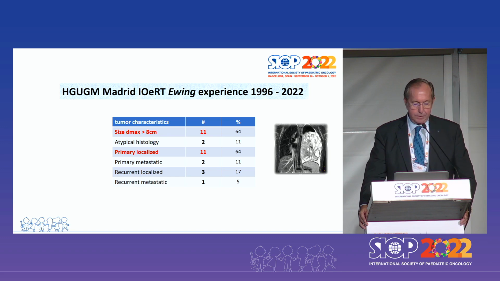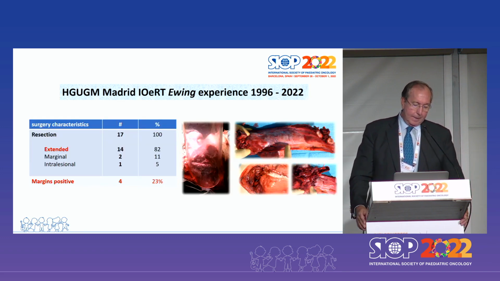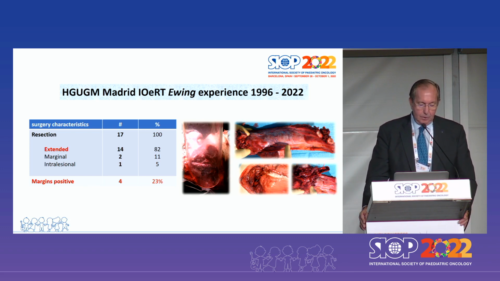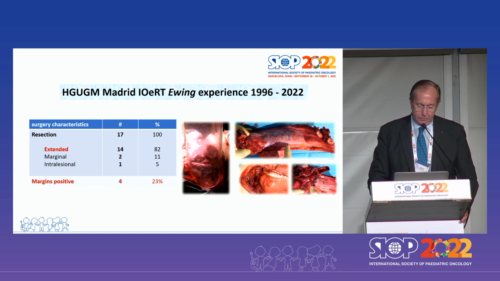Most were very large tumors, more than 8 centimeter diameter, and a proportion of them, not a minor proportion, were recurrent. Extended resection was performed in the vast majority of them, and I'm bringing this example of extended resection in a very large Ewing sarcoma of the rib.